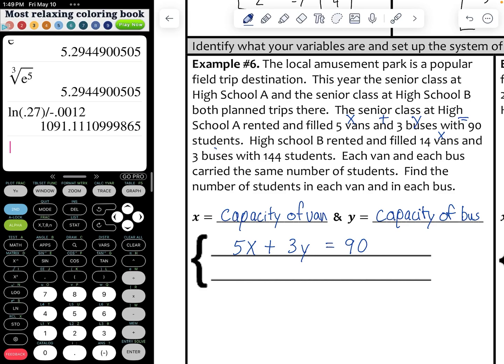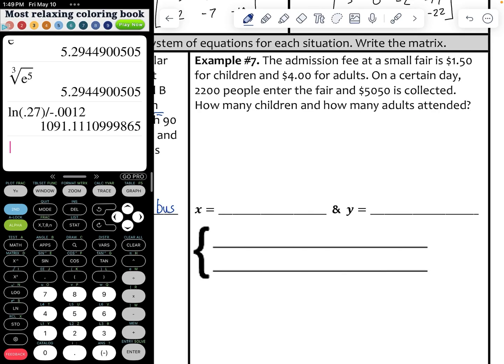Okay, example 7. Example 7 has to do with admission fees at a small fair. There are 2 types of fees: there's children and there's adult fees. On one day, 2,200 people enter the fair, and $5,050 is collected. How many children and adults attended? Okay, so we need to set up 2 equations.